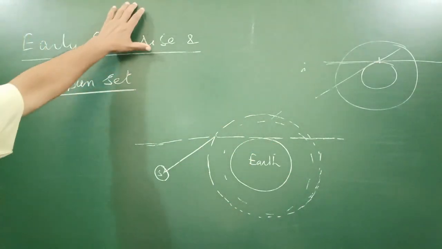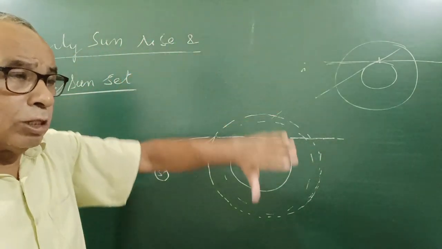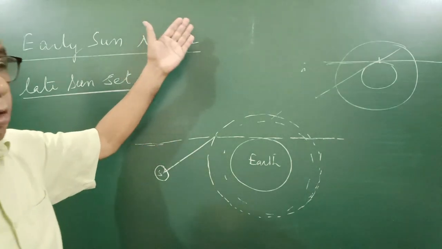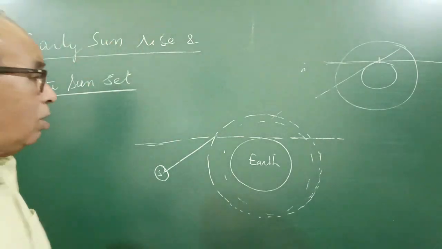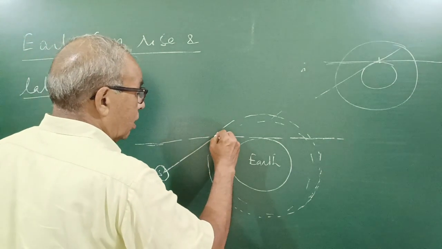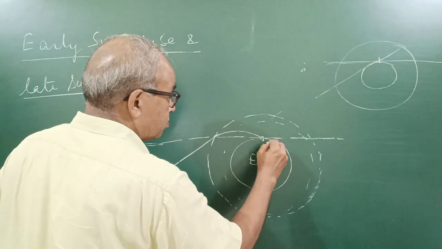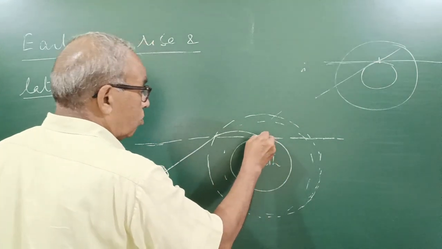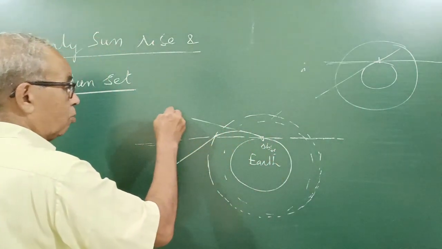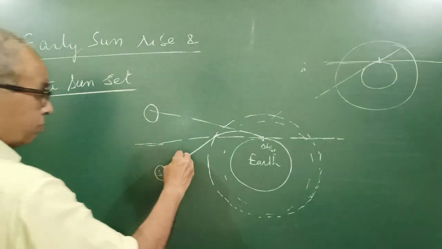From Snell's law, when light goes from rarer to denser, it bends toward the normal, and when it goes from denser to rarer, it bends away from the normal. The upper atmosphere is rarer, so it keeps on bending and comes like this. It reaches the observer here, and the observer feels that it is coming from this direction. So sunrise has taken place.